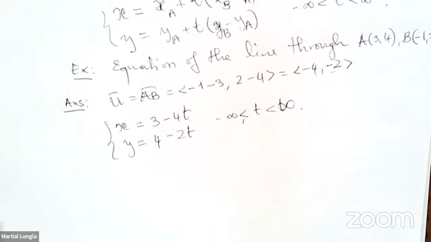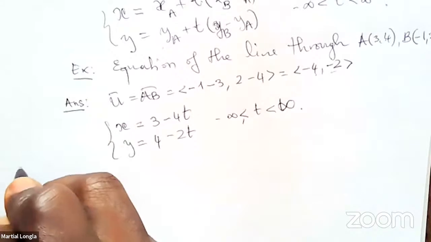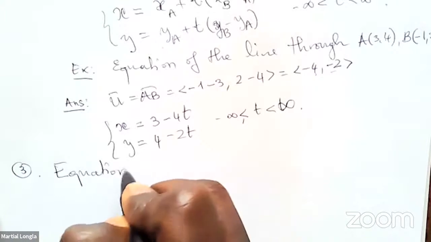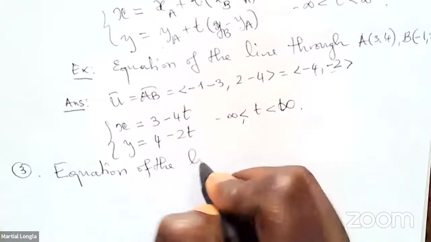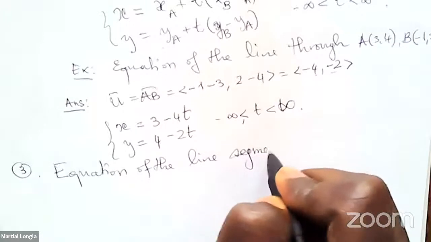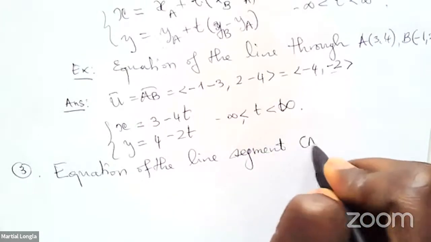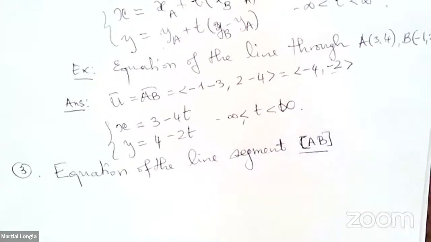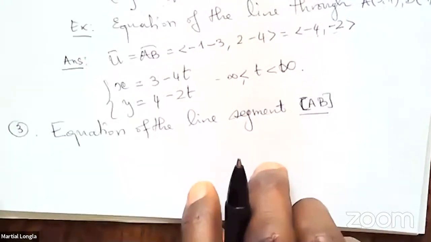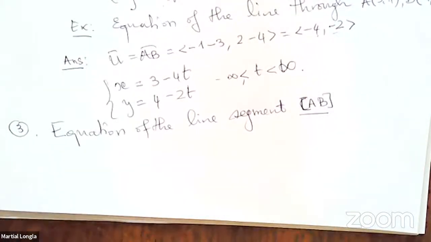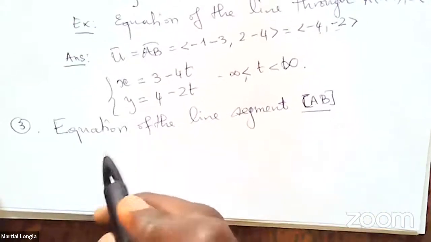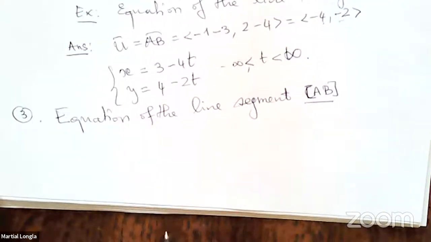Now, on this same topic, you have something called a line segment. Equation of the line segment AB. So you have a line segment that goes from A to B. In that case, you have to restrict t from 0 to 1.